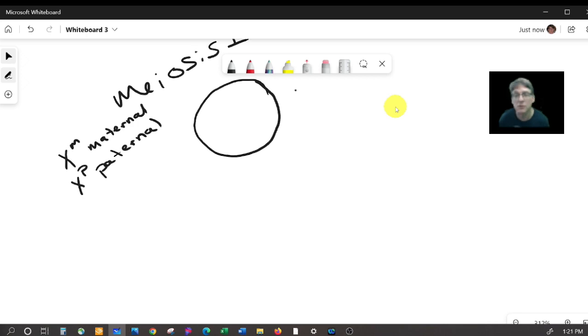Now, maternal is referring to the X chromosome that this individual received from their mother. Paternal chromosome is the X chromosome that this individual received from their father.